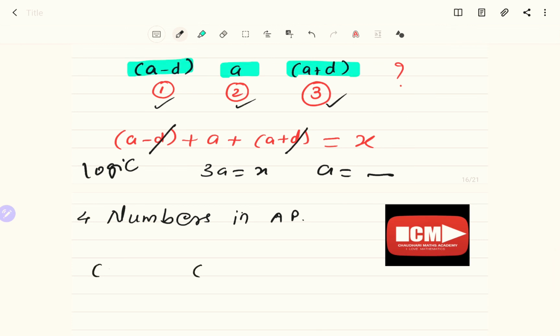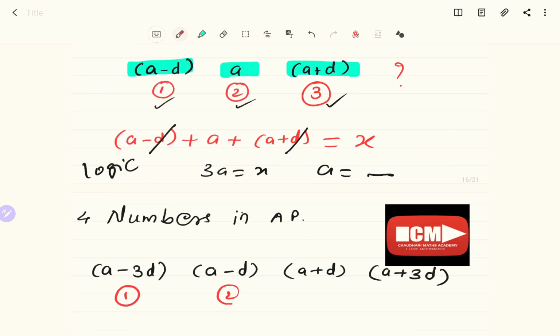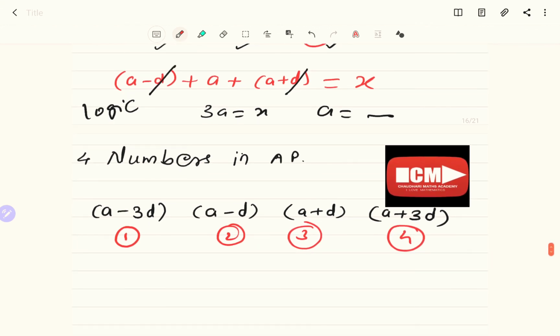First number is A minus 3D, second number is A minus D, third number is A plus D, and the fourth is A plus 3D. This is the way that you have to select four numbers in AP.